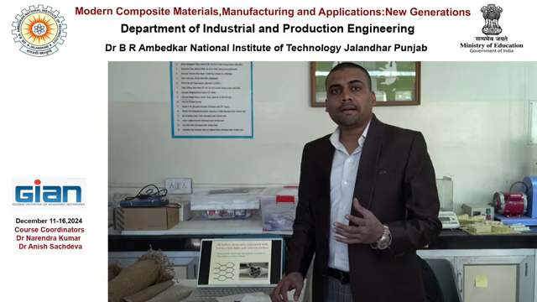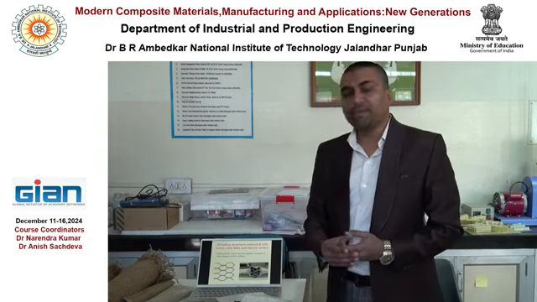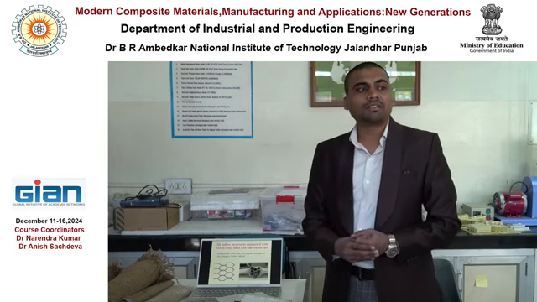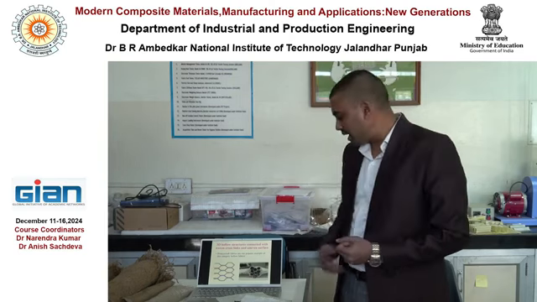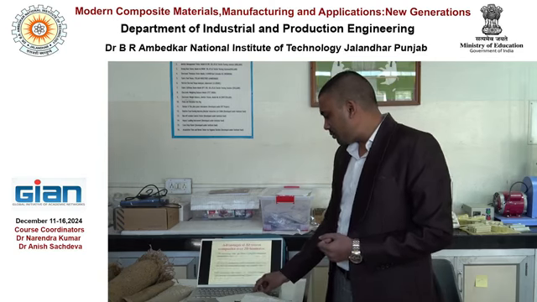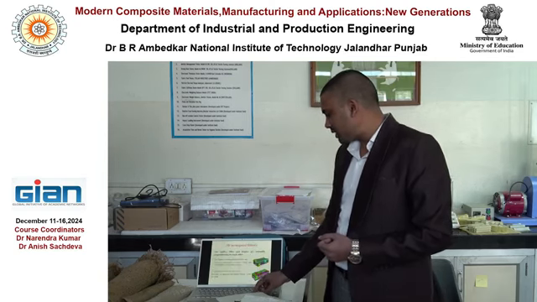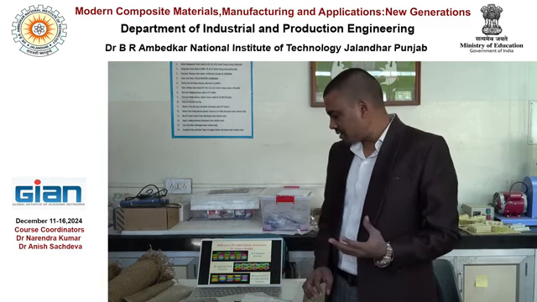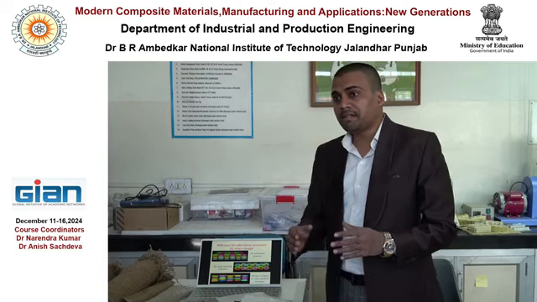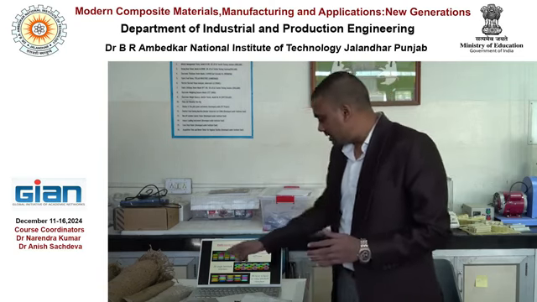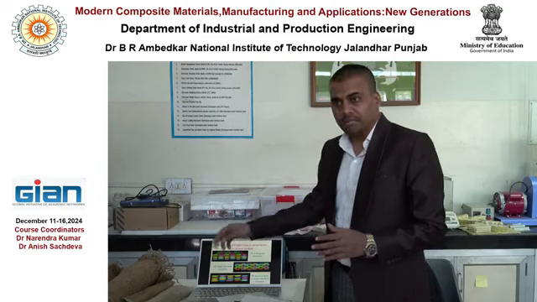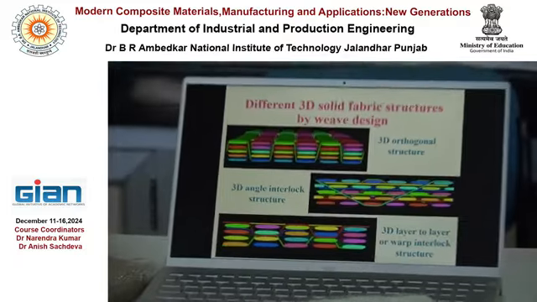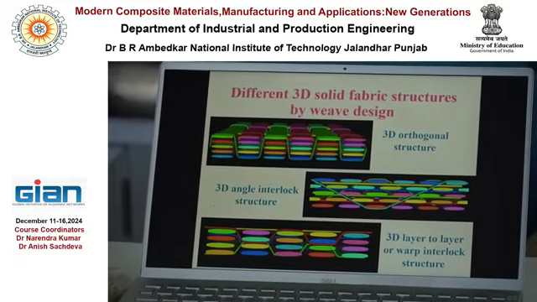Because if you look at manufacturing of the 3D woven fabrics, commercially it is very costly. Why? Because if you want to produce such type of structures, 3D woven structures, what happens is that you have to insert a number of wefts as per your requirement, and it will reduce the production speed.